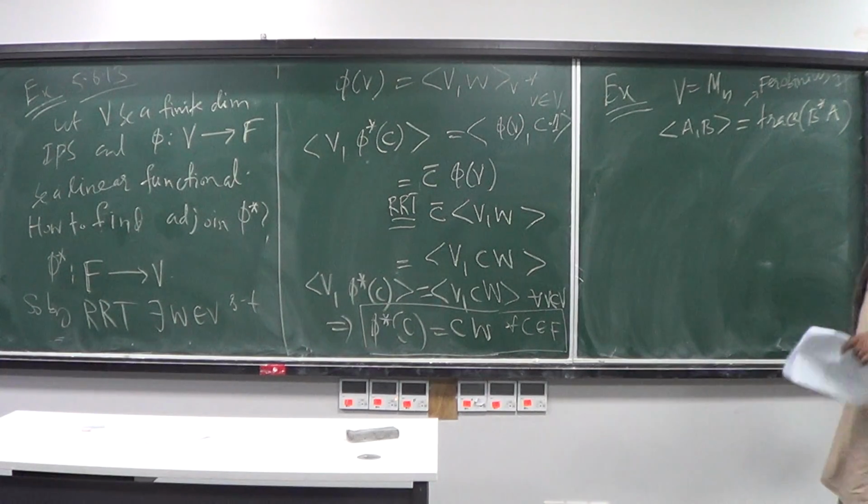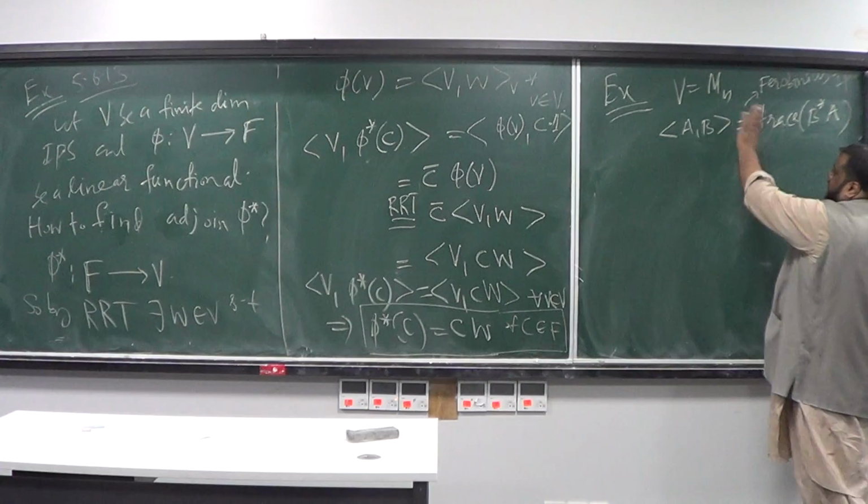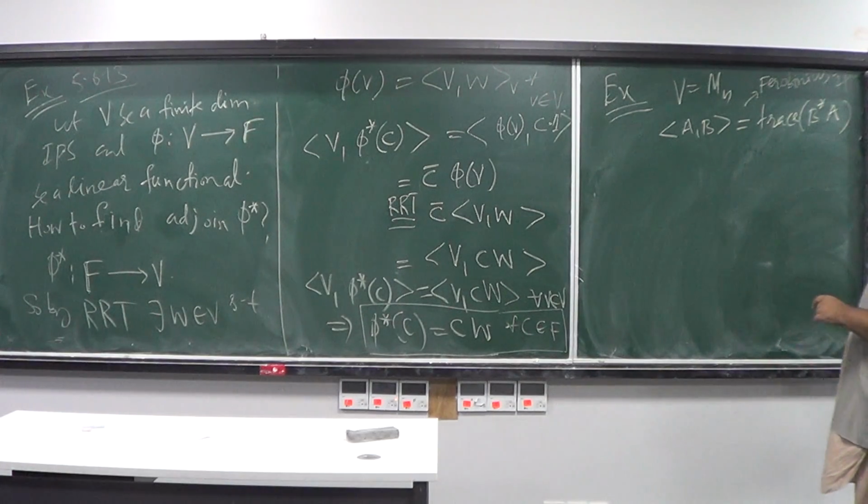So I have a vector space of matrices, and I have this inner product. Under this it becomes an inner product space. You can see this in chapter number 4. We discussed this in class.